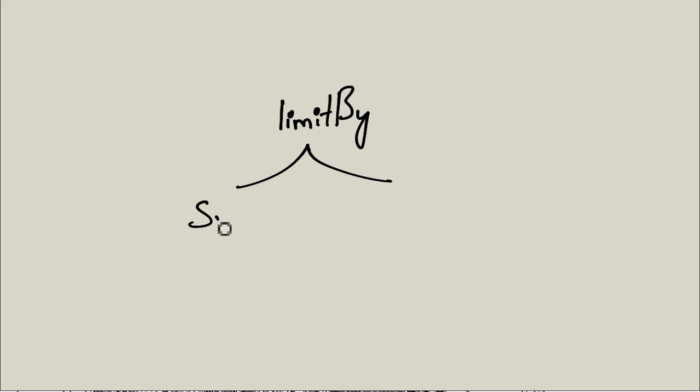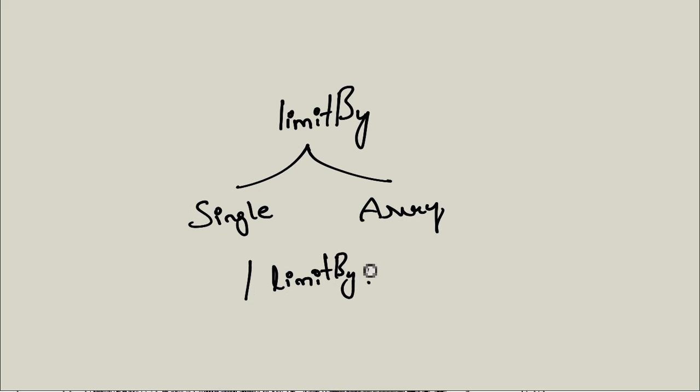Now we will discuss the last filter, which is limit by. This limit by filter can be applied for a single object and also for an array. We can apply this filter saying limit by of something.